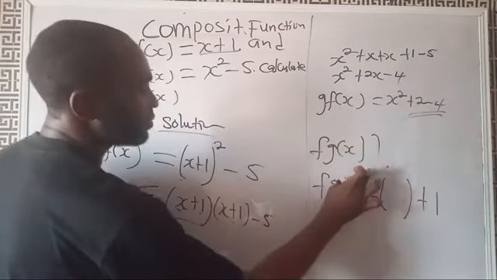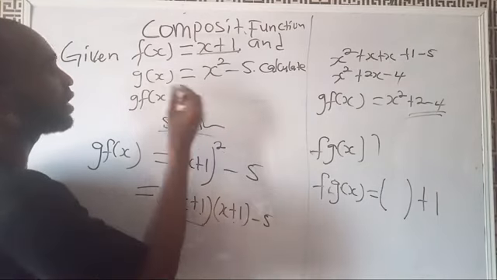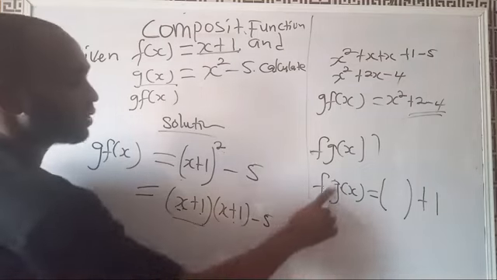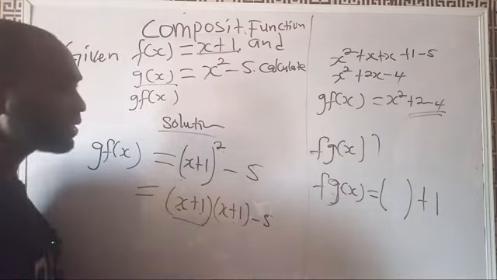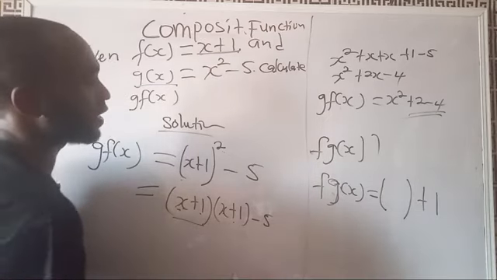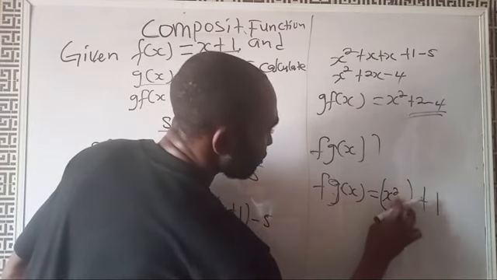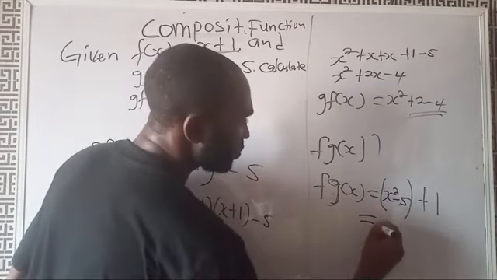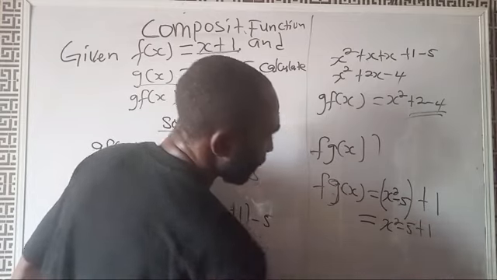This is the function here. Another function is inside of it, which is g of x. g of x is inside of f of x. So it will be easier for us to pick this function and put it inside of f of x. So we now have x squared minus 5. Here I will open the brackets: x squared minus 5, plus 1.